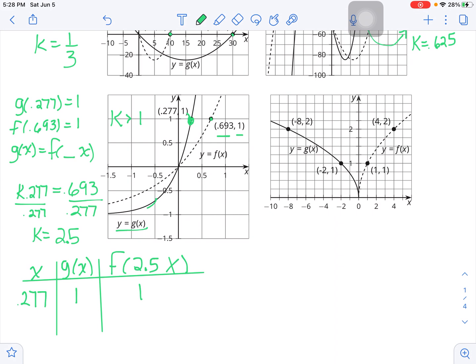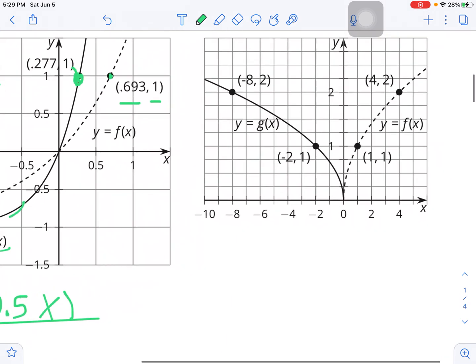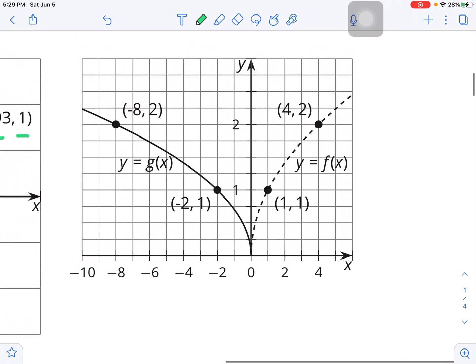And then I'll get a 1 out in my function f. So the outputs stay the same and the inputs change for horizontal compressions and stretches.